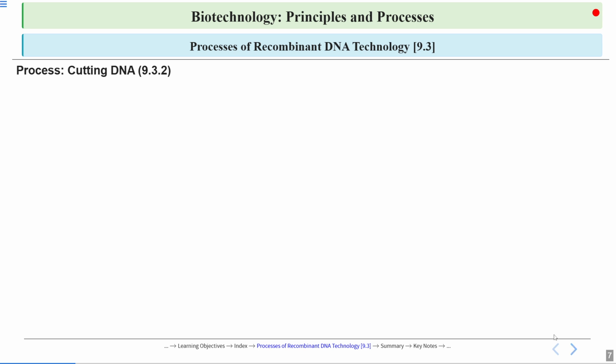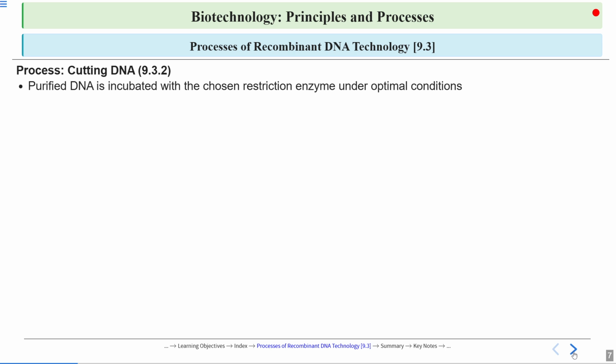Now, after isolating that DNA, after we got our pure DNA, it's time to cut our DNA at the specific position so that we can get our desired gene. From the last few classes, we know that restriction enzymes, restriction endonucleases, are used to cut the DNA at the specific position.